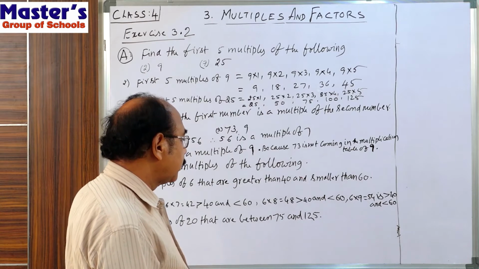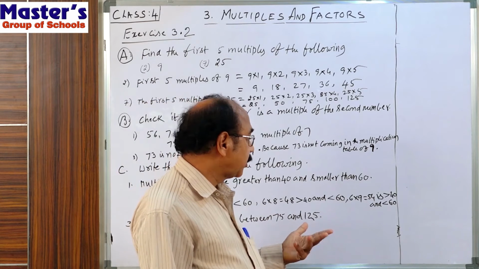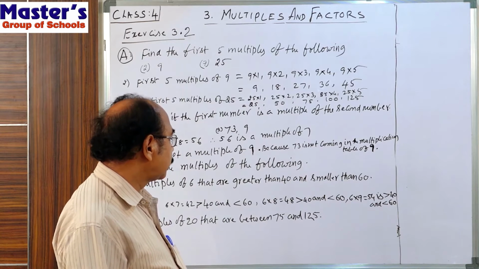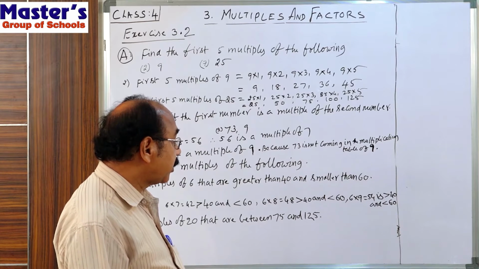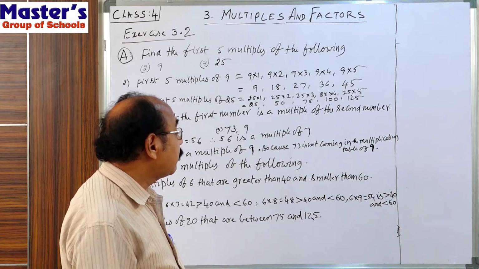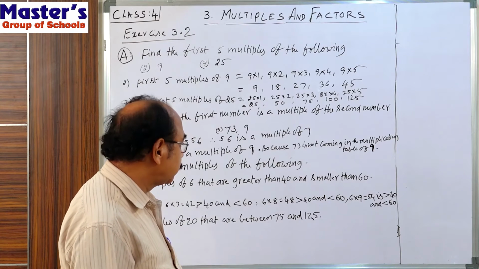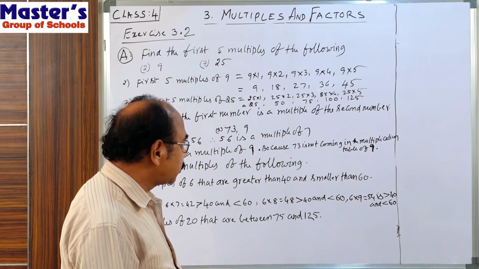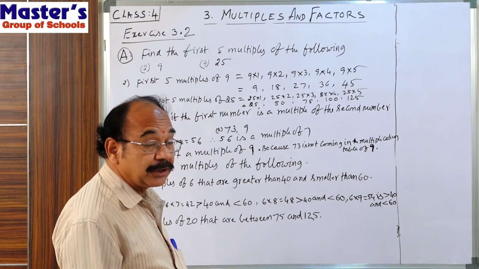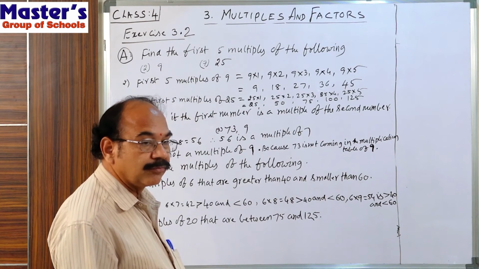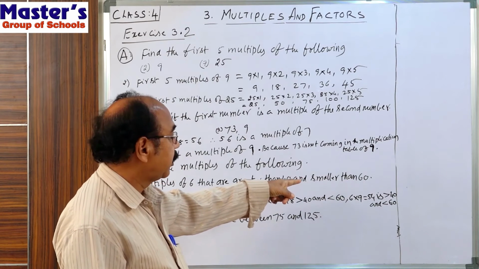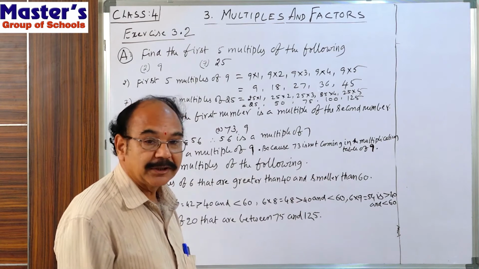Okay, now next, 6 tens means 60 comes. 60 is greater than 40, but it is not smaller than 60. 6 tens are 60. 60 is equal to 60, but it is not less than 60.